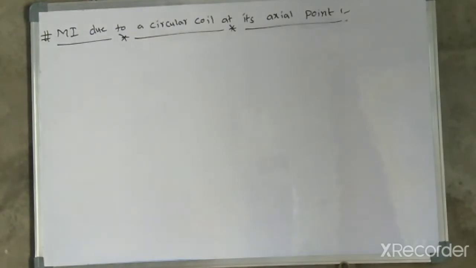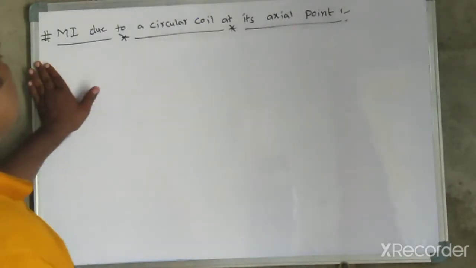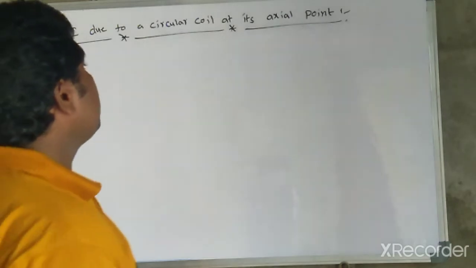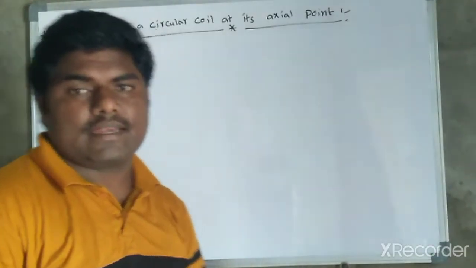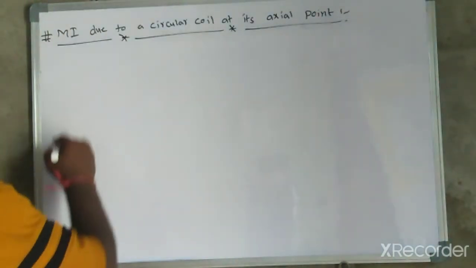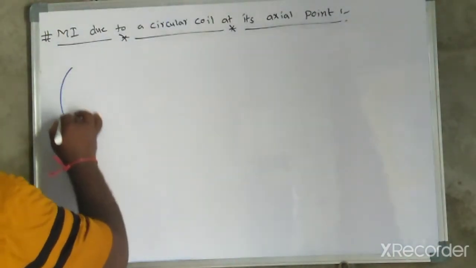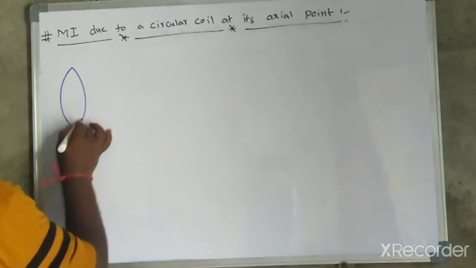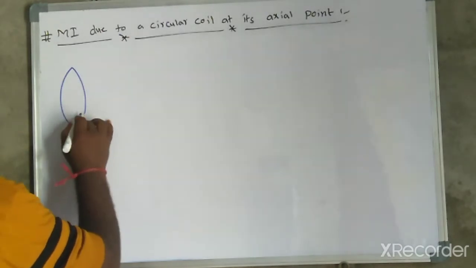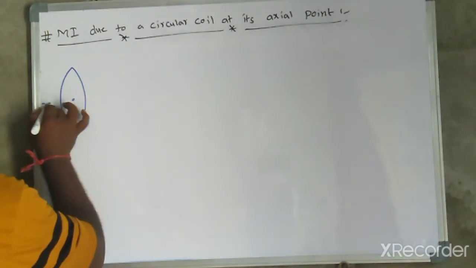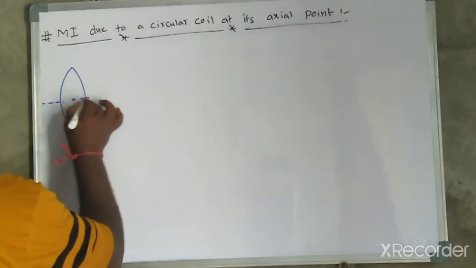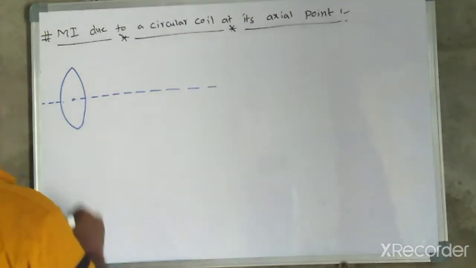Another important model and application: magnetic induction due to a circular coil at its axial point. Let us consider one circular coil. This is the center of the circular coil, and this is the axial line.